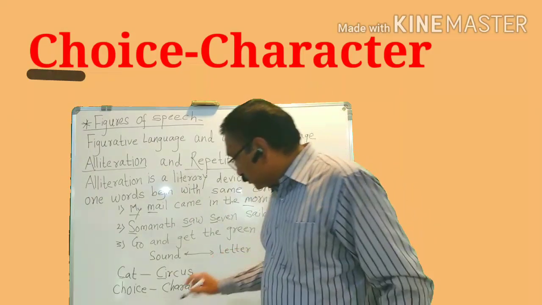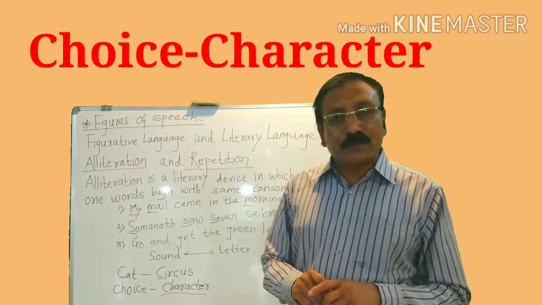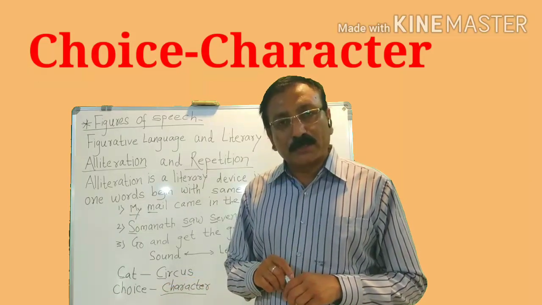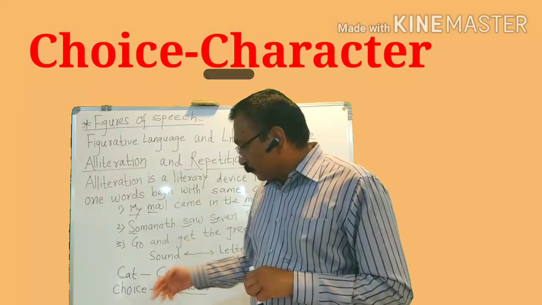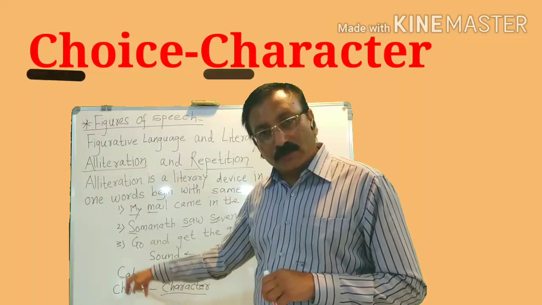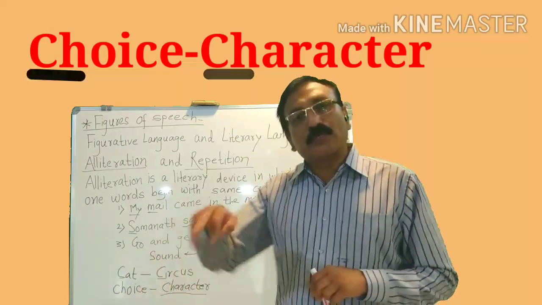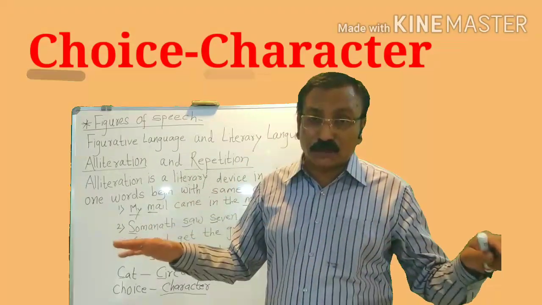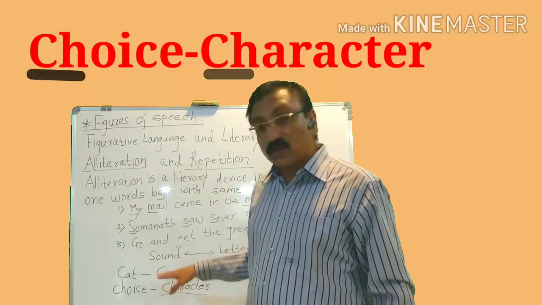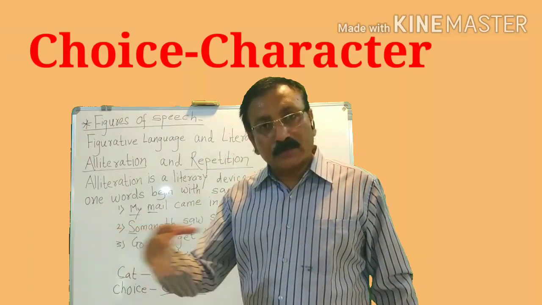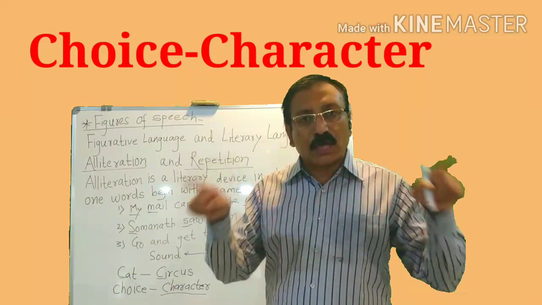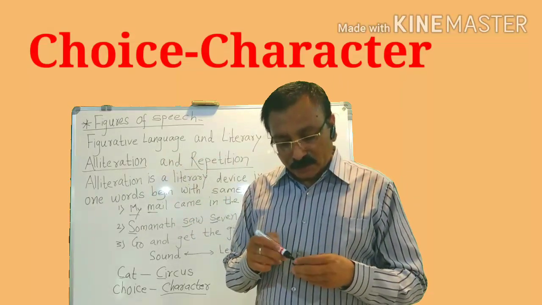The second word, character, also begins with the letters CH, but in this word, the sound produced by CH is K. So in this way the first word begins with CH, the second word also begins with CH, but the sound produced by both the words differ from each other, and therefore if these two words occur in the same line, in the same sentence, we cannot call that particular sentence or line an example of alliteration.